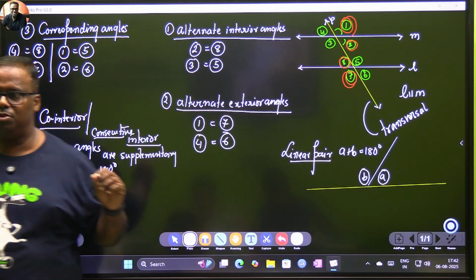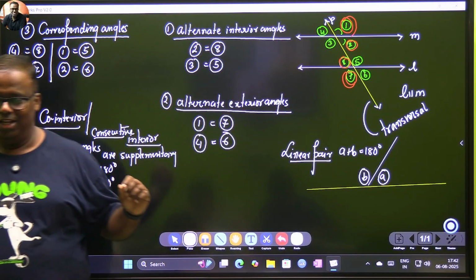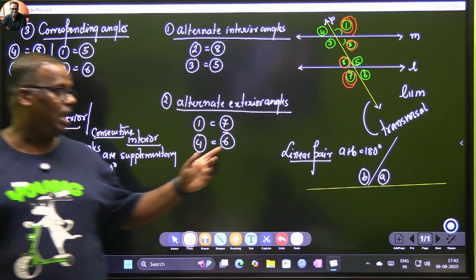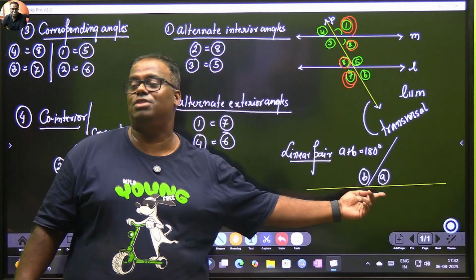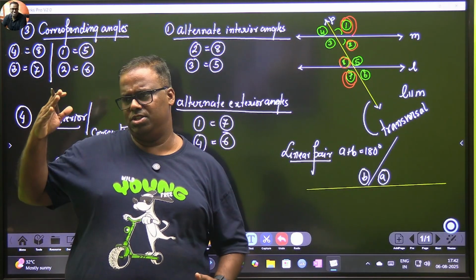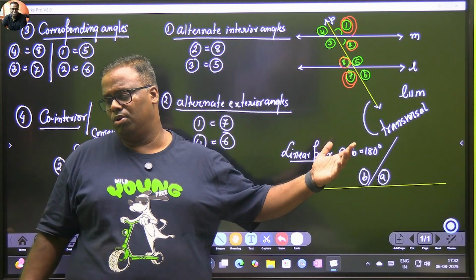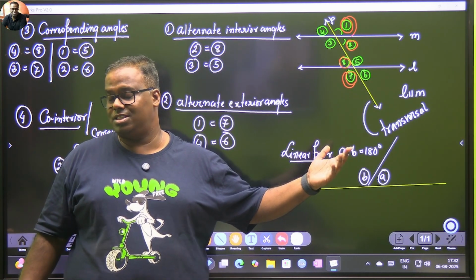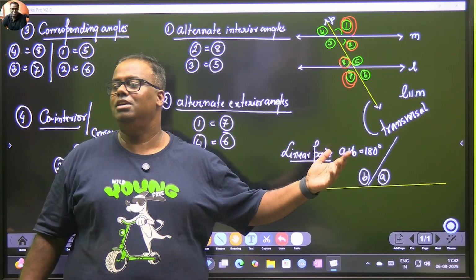There's a difference between linear pair and supplementary. Supplementaries also add up to 180. In linear pair, the angles must be formed on the same straight line, whereas in supplementary, there can be two different angles, 120 and a 70 degree angle. Sorry, 60 degree angle. They also make 180 degrees.